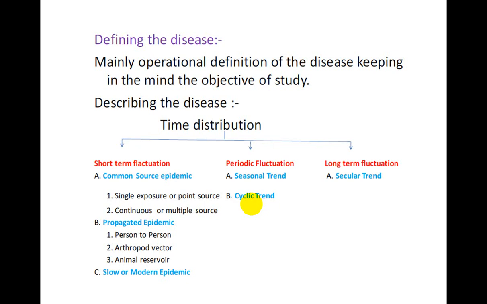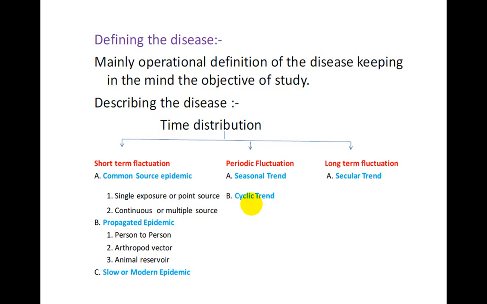Cyclic trend. Some diseases occur in a cycle spread over a short period of time, which may be days, weeks, months, or a year. For example, measles in the pre-vaccination era appeared in cycles with major peaks every 2-3 years and rubella every 6-9 years. This was due to naturally occurring variations in herd immunity.